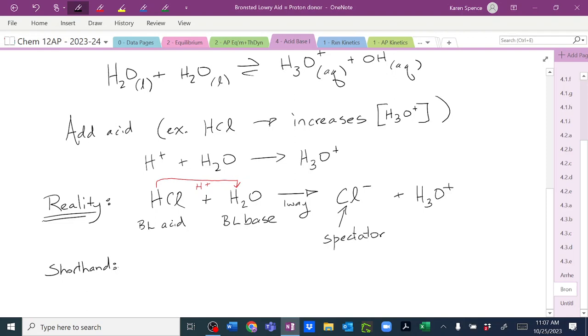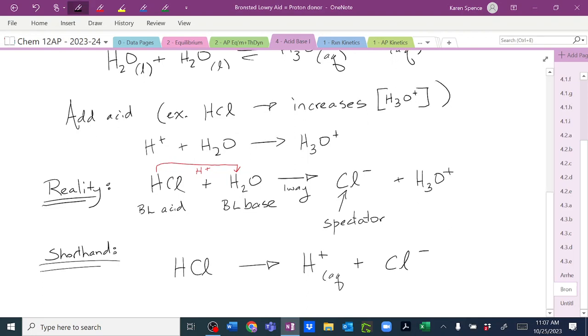Okay, the shorthand method, we're just going to write it a little bit shorter, is to write HCl goes to H plus plus Cl minus. So that's what we've been writing up till now, when we've been writing a dissociation. And I know the H and the Cl are in a different order. Does that matter? Does it matter that I wrote the H3O plus second and the H plus first?